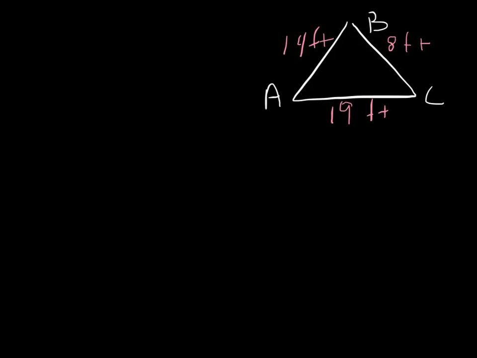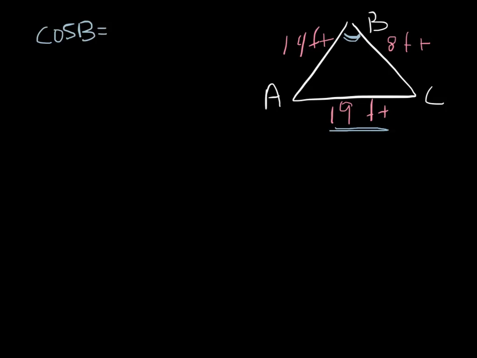We can only solve for an angle since we're given all the sides. But the question is, which angle do we start off with? And the answer is you always look for the largest angle first. The largest angle in this case would be angle B, since B is across from 19 feet, which is the largest side.